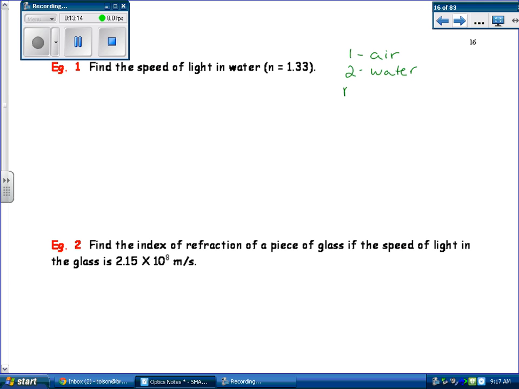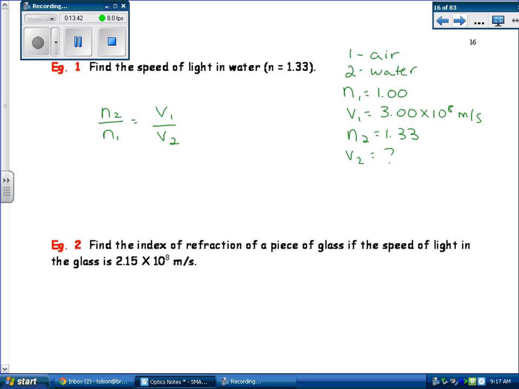So then my N1 is 1.00. My V1 is 3.00 times 10 to the 8 meters per second. And my N2 is 1.33, and I'm looking for V2. So I pick from my formula: N2 over N1 equals V1 over V2.